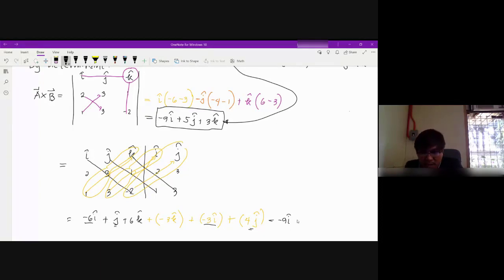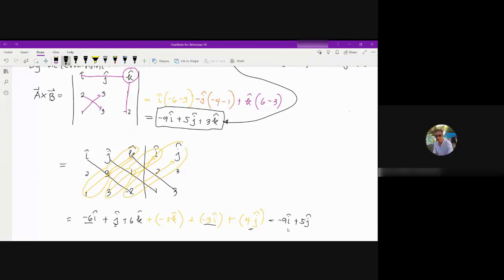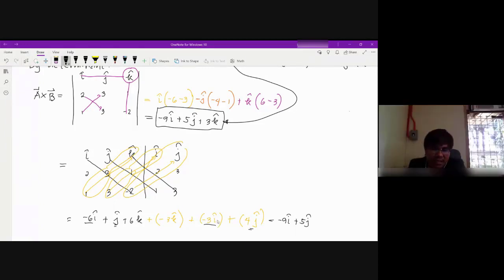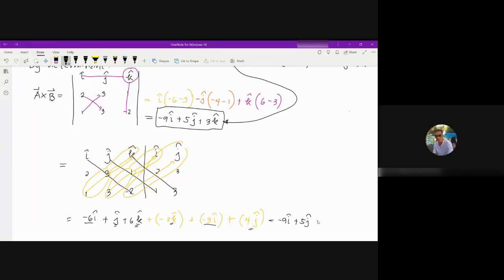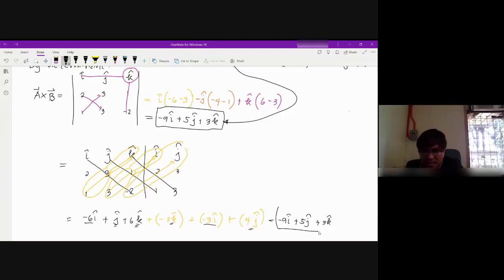So, you have 4 plus 1. Pila man na? Positive 5 j hat. And then you have k hat here, k hat here also. So you have negative 3 and then positive 6. Good. Positive 3k hat. So that's the answer. And again, that should conform to our previous answer.